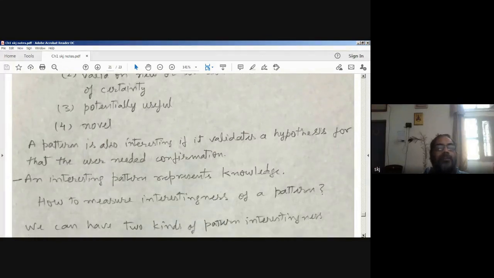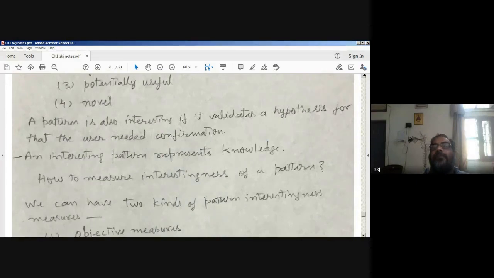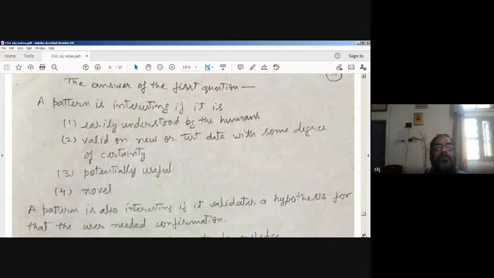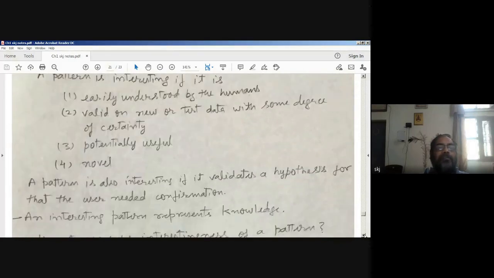It is the same thing. So the first issue is that a pattern is interesting if it is easily understandable, valid on new test data with some certainty, potentially useful, and novel.